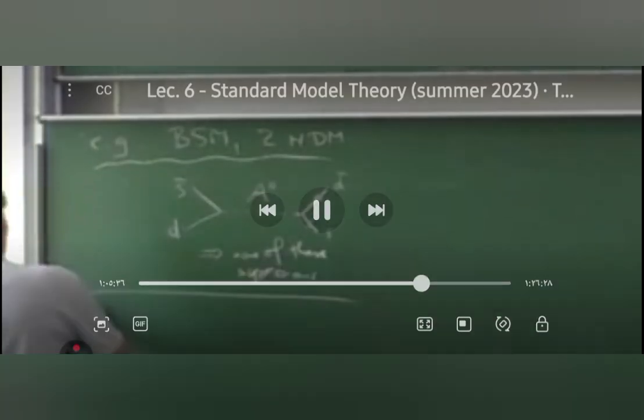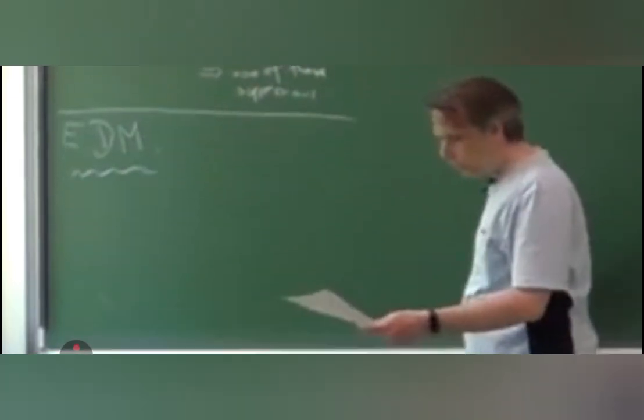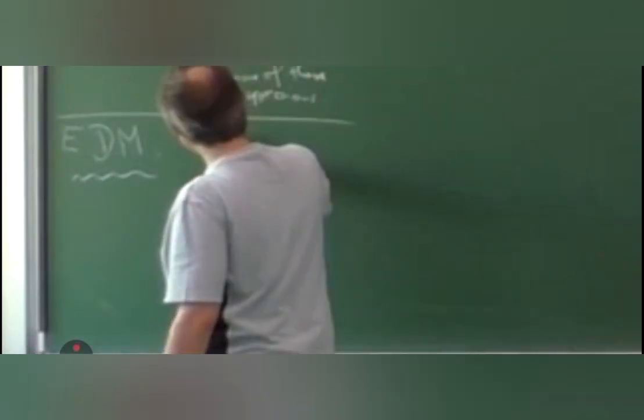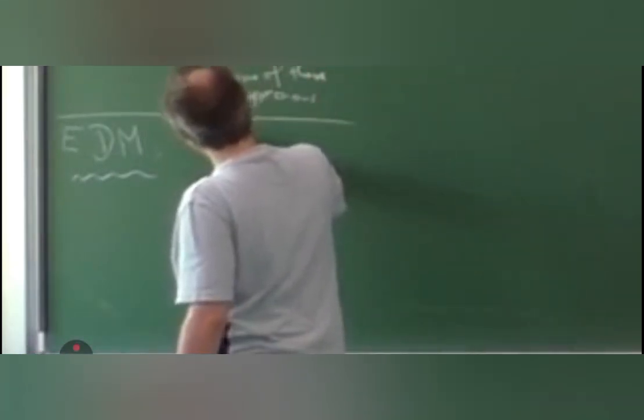But let me now give you some other example, which is also interesting and important to know for current particle physics, namely electric dipole moments. Electric dipole moments are quantities which are directly CP violating.